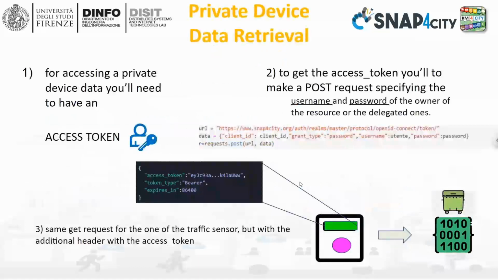The difference between the first one and the second one is only that together with this pink information that has the GET request with the service URI, the from time and to time, we append also this access token to the request. So now, with the grant of accessing this data, we make the request, we get the data, this time about the waste container.